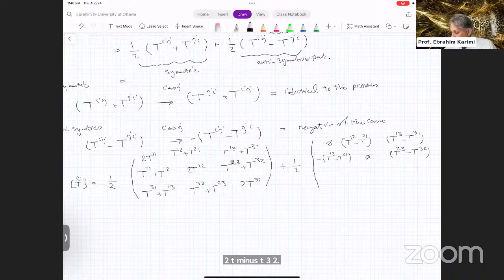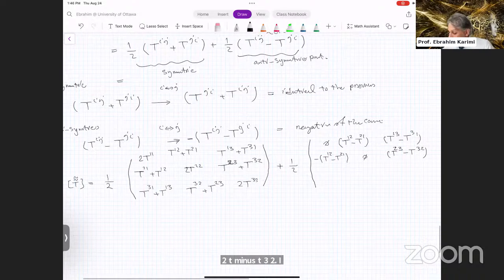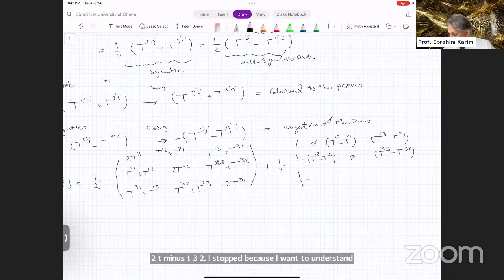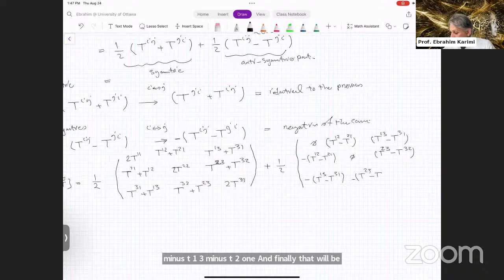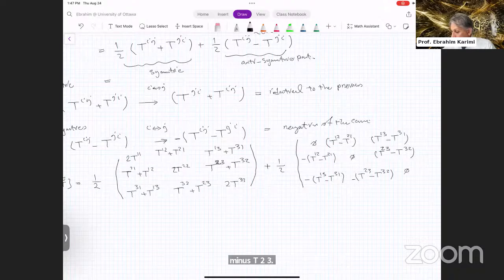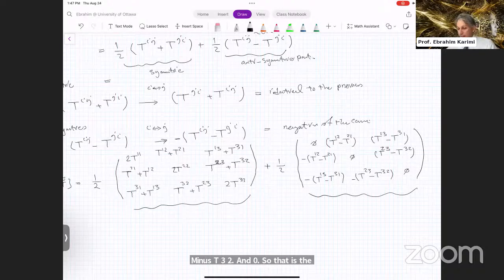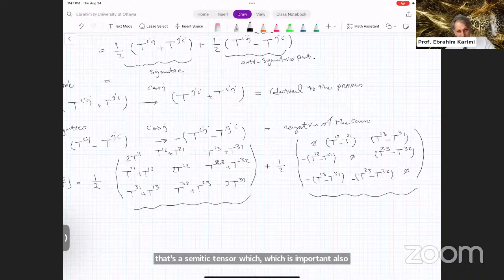I stop because I want to understand where I should place the sign. That will be minus T13 minus T31, and finally minus T23 minus T32, and 0. So that is the antisymmetric tensor, and that's the symmetric tensor, which is also important in our calculations, as you will see in the future.